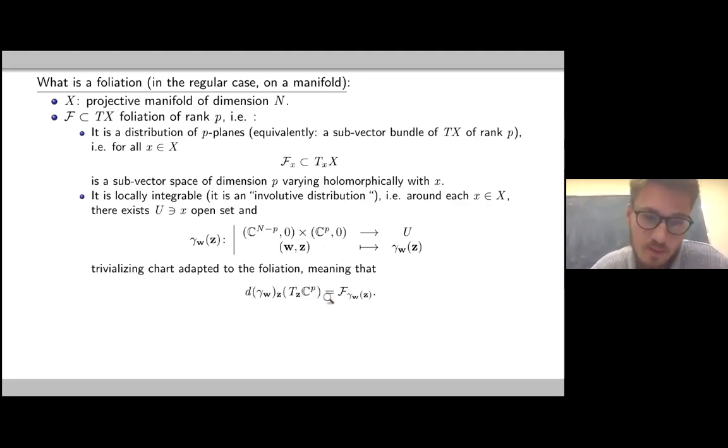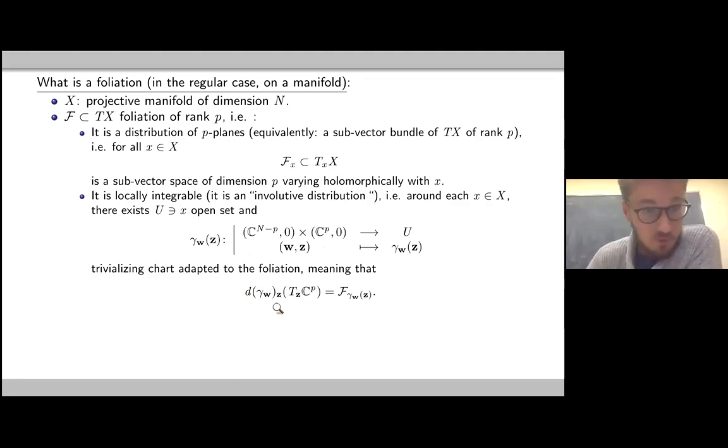This means that if we fix w and see this as depending on z, we differentiate it according to z and see the image of the tangent plane of C^p, then we recover the fiber of our foliation.